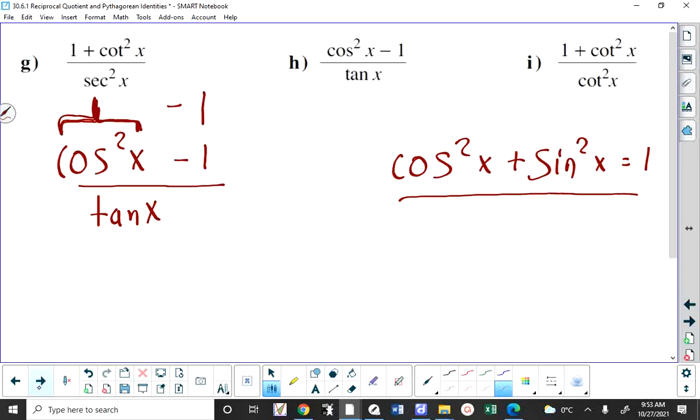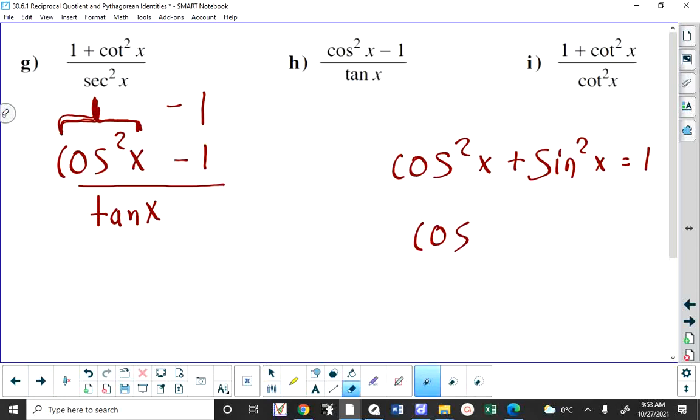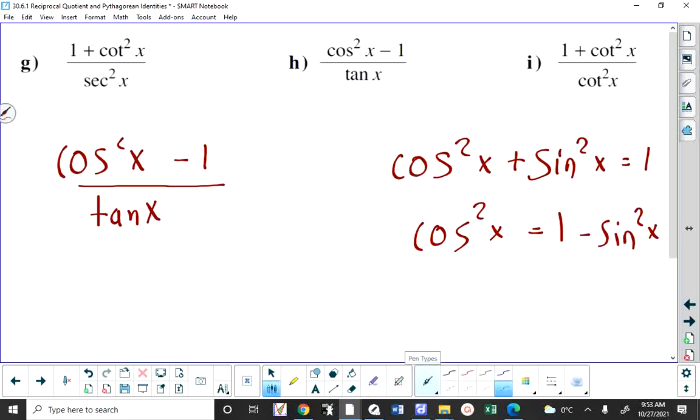So this is one way to look at it: I'm going to take this identity right here, and rearrange it for cosine squared of x, and get 1 minus sine squared of x. And I'm going to put 1 minus sine squared of x in for cos squared of x. I'm really struggling here because this is not what I would do, but it's what I know some of you would do. Okay?